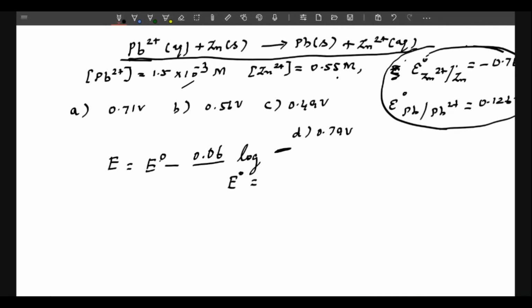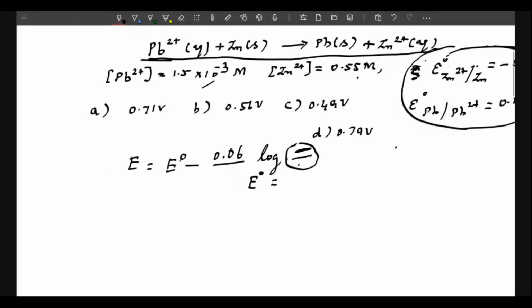Because the upper value is higher and the lower is lower, the log quotient would be greater than 1. If the quotient value is greater than 1, E value is less than E naught. So you can cancel all the options with greater values. What is the E naught value?